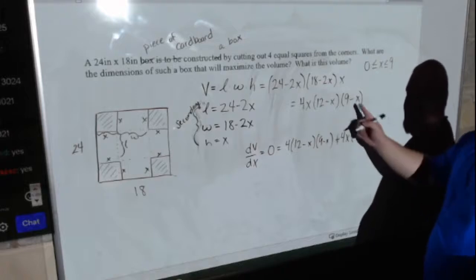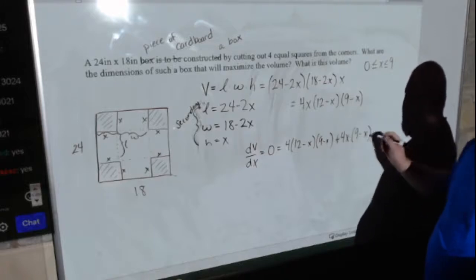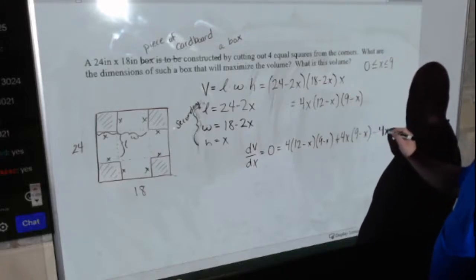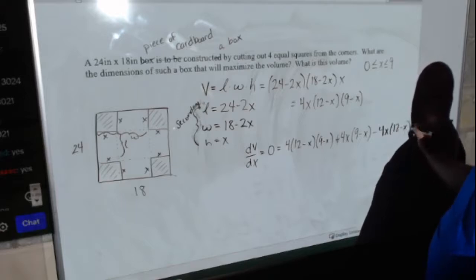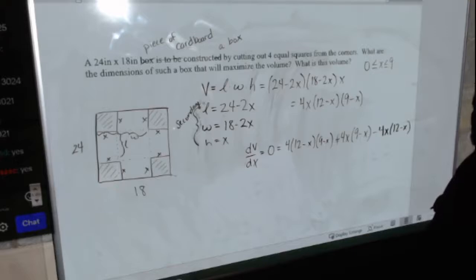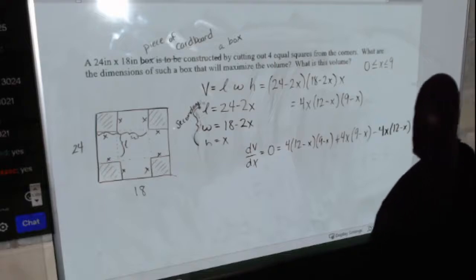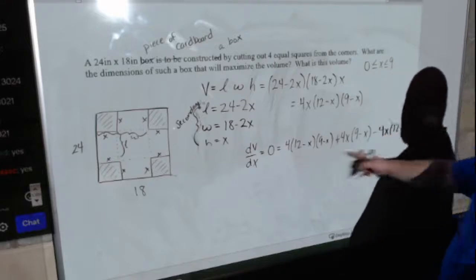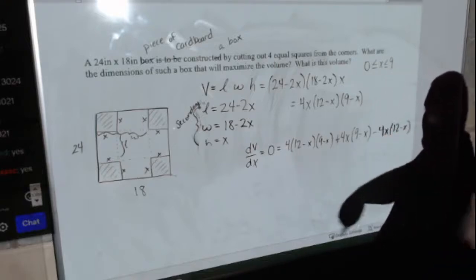And then derivative of 9 minus x is going to be a minus 1 again, so minus 4x times 12 minus x. So then I could divide everything by 4, get rid of that.